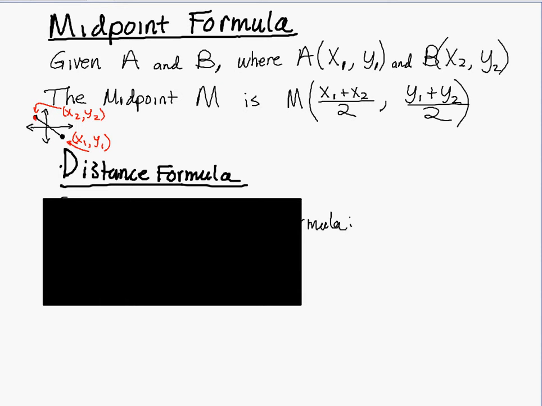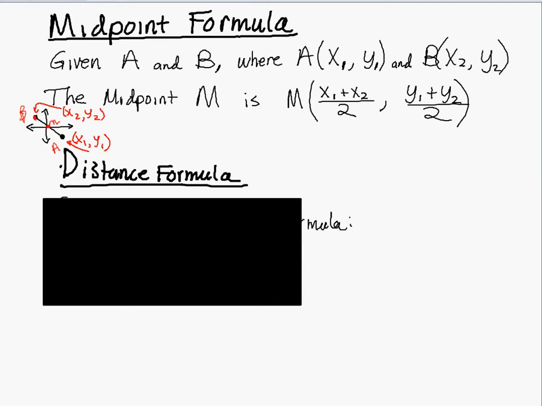Let's say that this is point A, and let's say that this is point, oh, that can't be A. Let's go ahead and make that B, and let's make this A. I can tell you that using this formula right here, once you add the two X coordinates and you add the two Y coordinates, you're going to be able to find M.